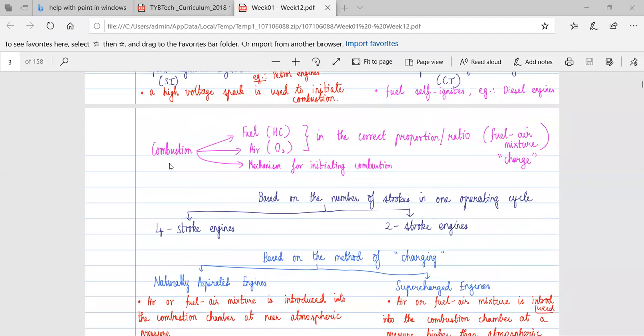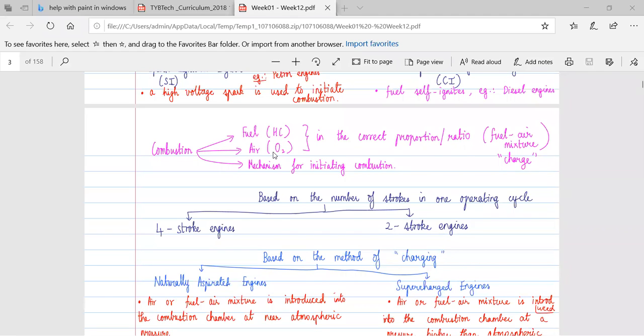Now, how the combustion is achieved is through two things. One is basically petrol or diesel or any other fuel, which is made of hydrocarbon chemicals.